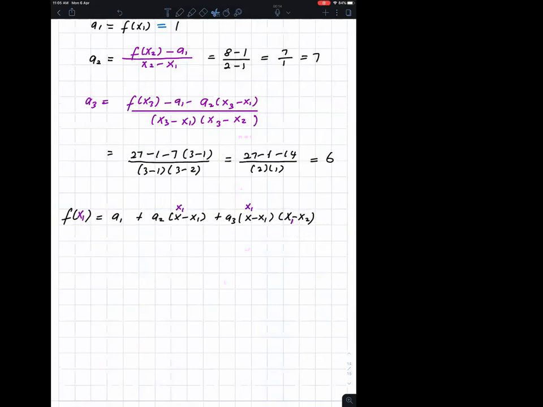It's the same formula. What do you need to do? Now it's not x1 anymore, it's just x, because right now this is a general formula.